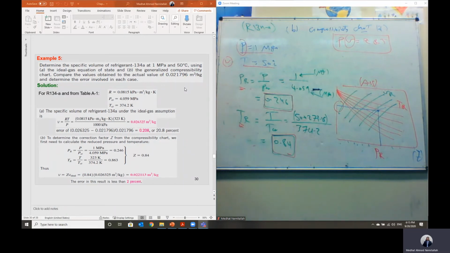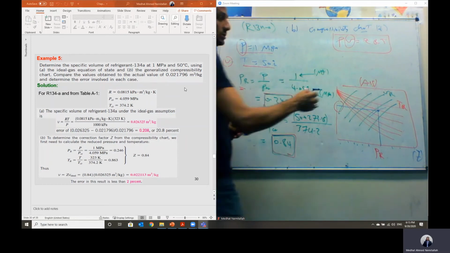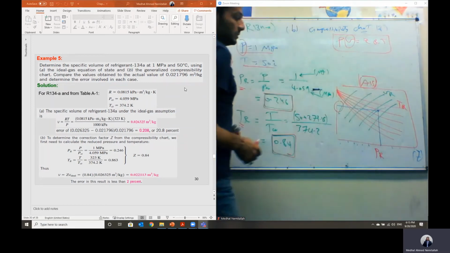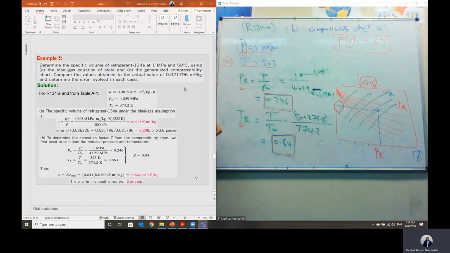So to calculate the parameter Z, we have to have two reduced values, either reduced pressure with reduced temperature, or reduced pressure with reduced specific volume. With any two reduced values, I can go to chart A15 and calculate the value of the parameter Z.